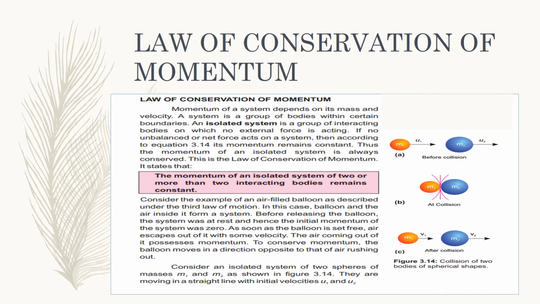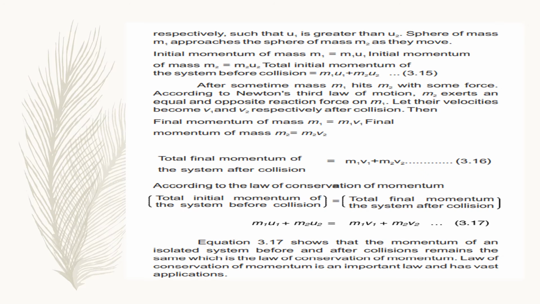Consider a collision of masses m1 and m2, like in figure 3.14. According to this law, the momentum before collision of these bodies and the momentum after collision remains constant, such that u1 is greater than u2. Sphere of mass m1 approaches the sphere of mass m2 as they move.